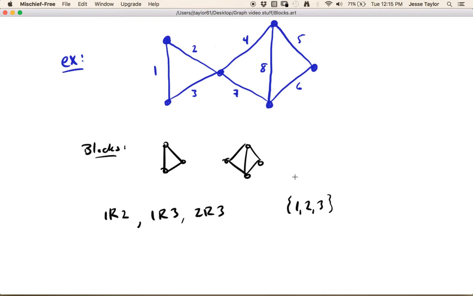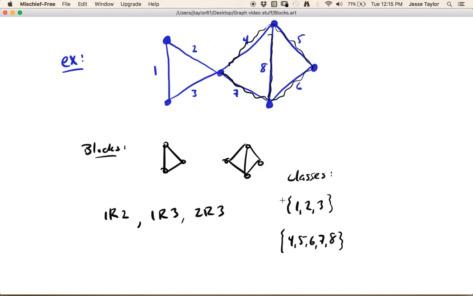So for example, our equivalence classes over here will be 1, 2, 3, and then the other one will be 4, 5, 6, 7, and 8. Because 4 and 5 are related, 4 and 6 are related, 4 and 7 are related, because you can imagine this cycle all along the outside here. So all of those are related, but then you can say that 4, 5, and 8 are related, and 4, 7, and 8 are related, and because of symmetry and transitivity, that means that each one of these is related to each other.